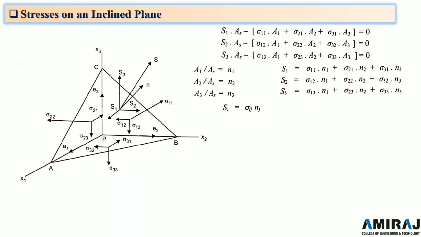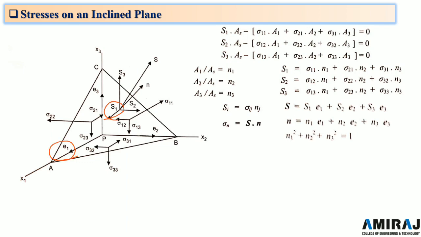So sigma n is given by S dot n, where S is equal to S1 E1, S2 E2 and S3 E3, and n is equal to n1 E1, n2 E2 and n3 E3.